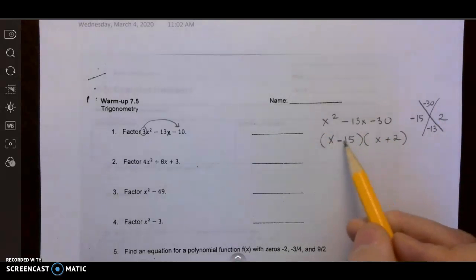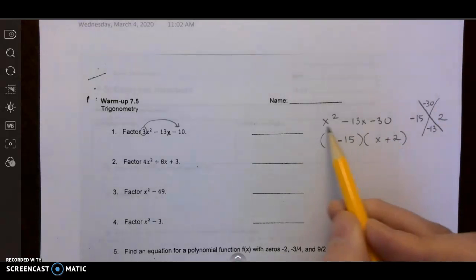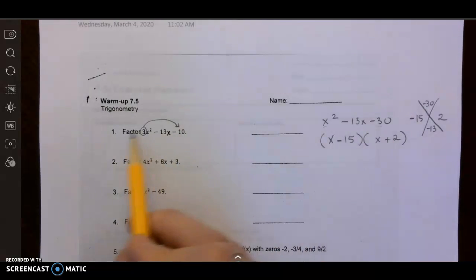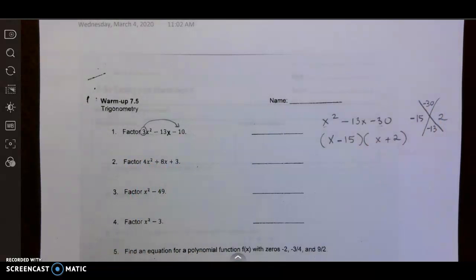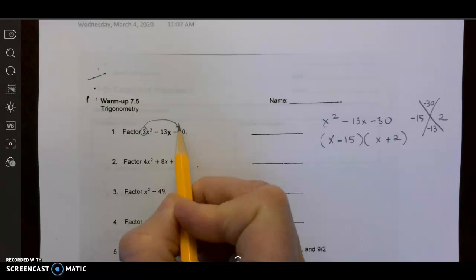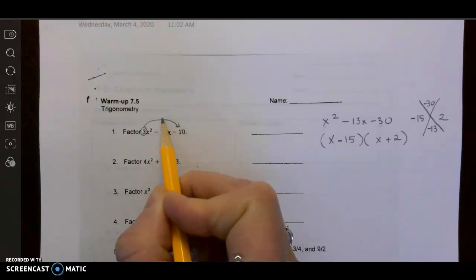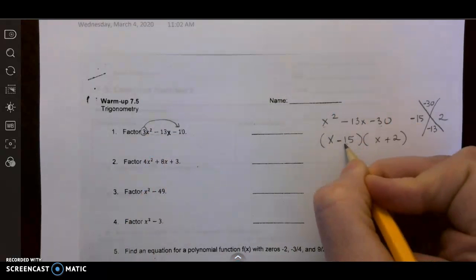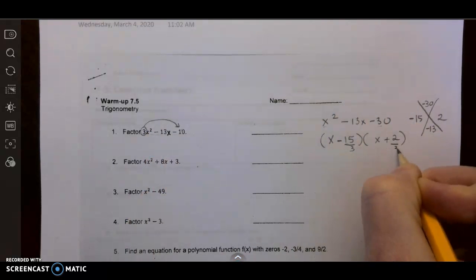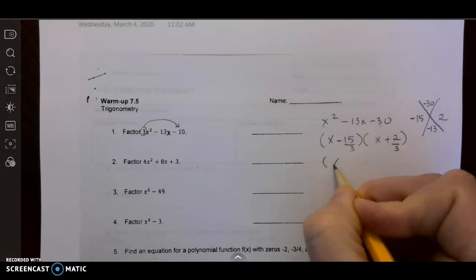Now I wish I could just be done, but I wasn't asked to factor this, I was asked to factor this. So then I have to unslide this 3. Since I multiplied it when I slid it, I have to unslide and divide. So divide by 3. Next I need to simplify.